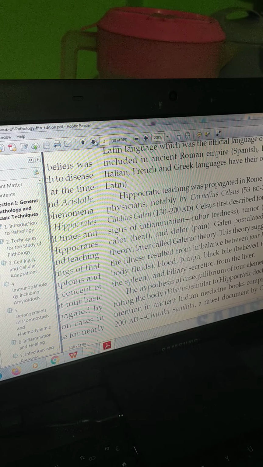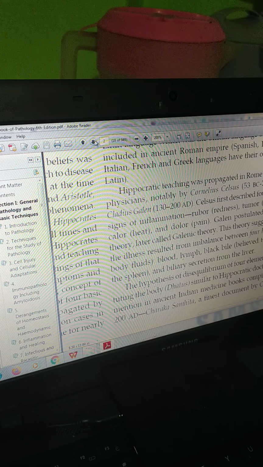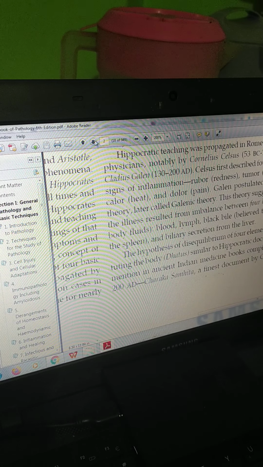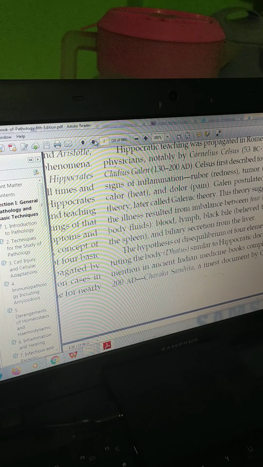Galen postulated humoral theory, later called Galenic theory. This theory suggested that the illness resulted from imbalance between four humors or body fluids: blood, lymph, black bile, believed to be formed from the spleen, and biliary secretion from the liver.